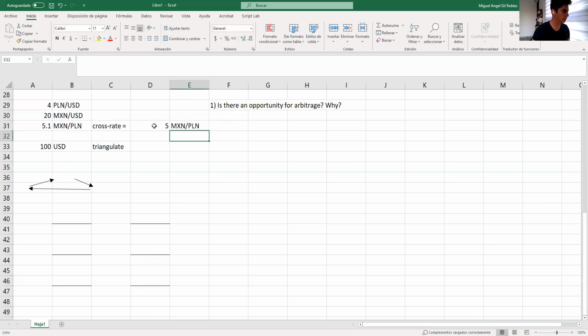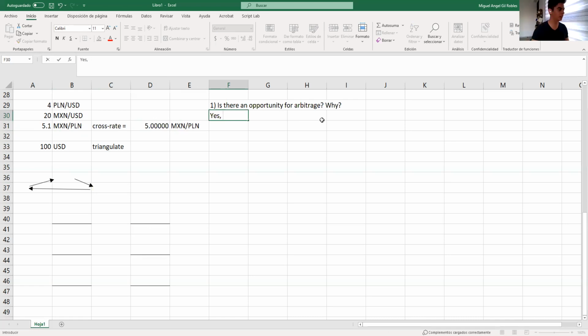If this number is different to the market one, and take note of this, it doesn't matter if it's higher or lower, it only matters that it is different. If it's not 5.0, like in here, because this is 5.000, then the answer to the question is yes, it is possible to make arbitrage.